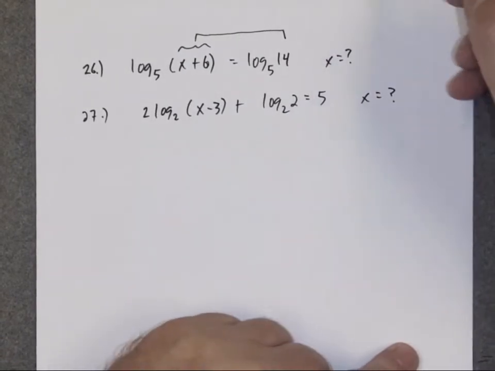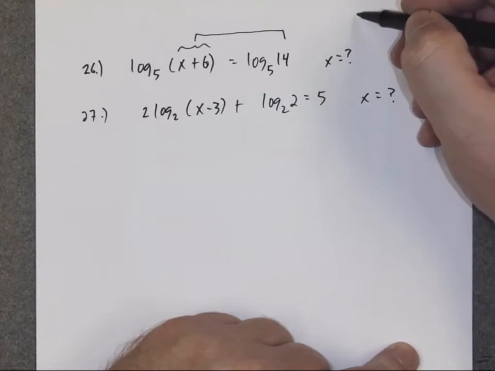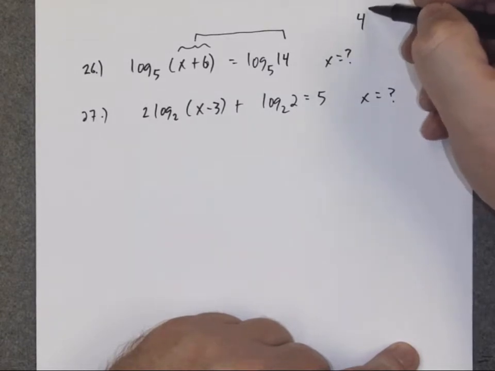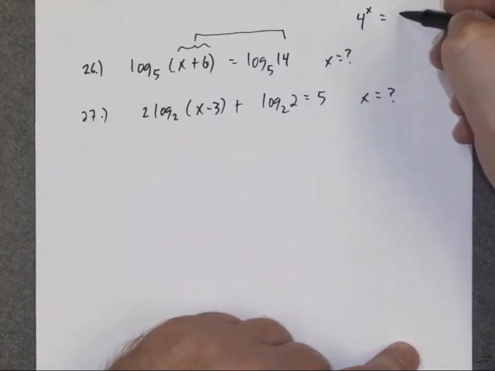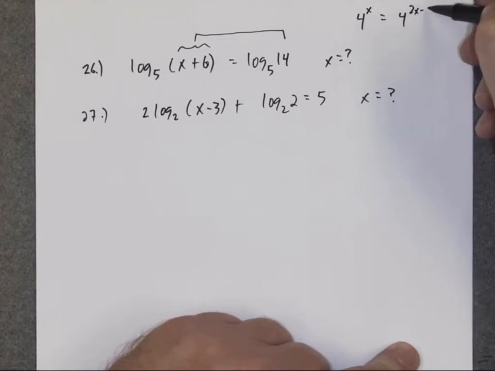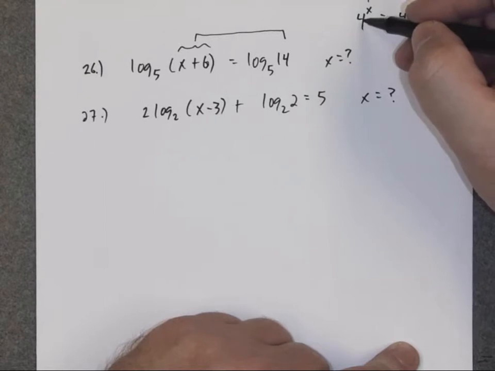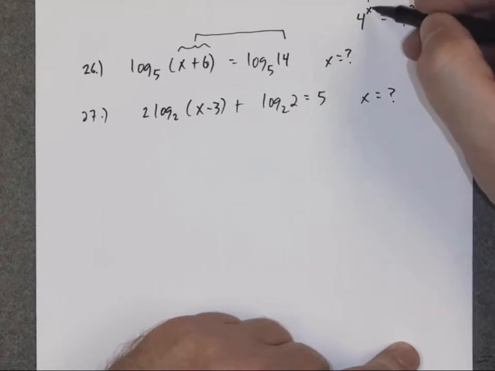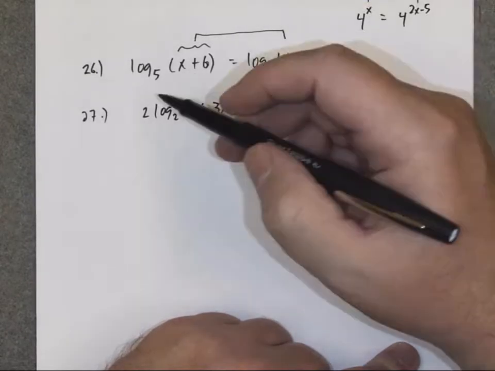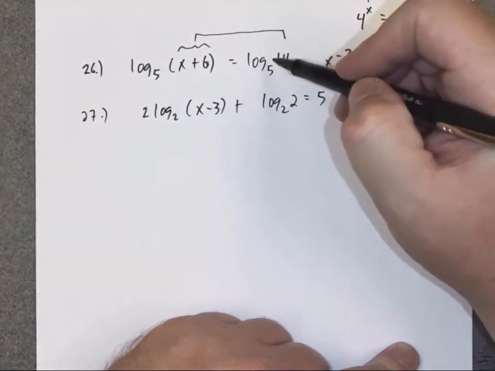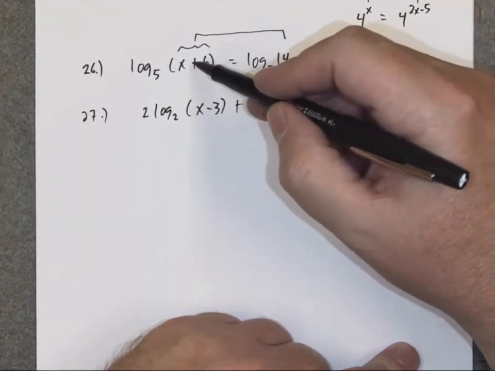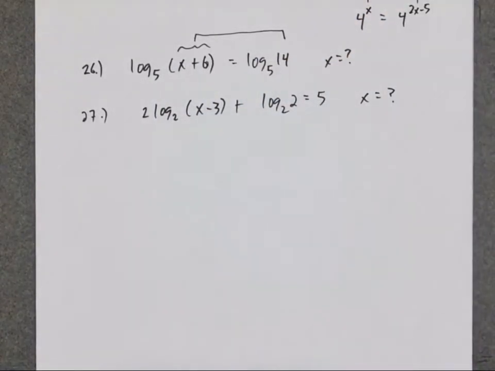It's almost the same idea as when we were solving those exponential equations. If you have 4 to the x times 4 to the 2x minus 5, we just said, hey, since the bases are the same, obviously the exponents have to be equal. Well, here, with log base 5 on both sides, obviously the stuff inside the logs has to be equal.